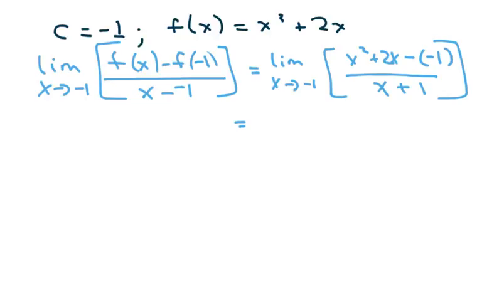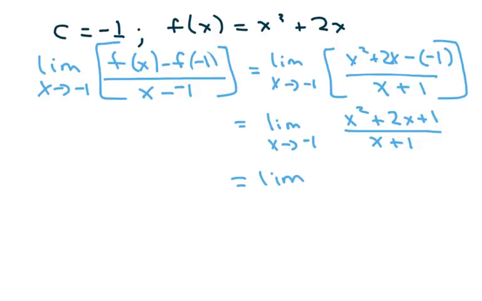And then you get equals the limit as x approaches negative 1, x squared plus 2x plus 1 over x plus 1. I'm going to factor the numerator, the limit as x approaches negative 1.